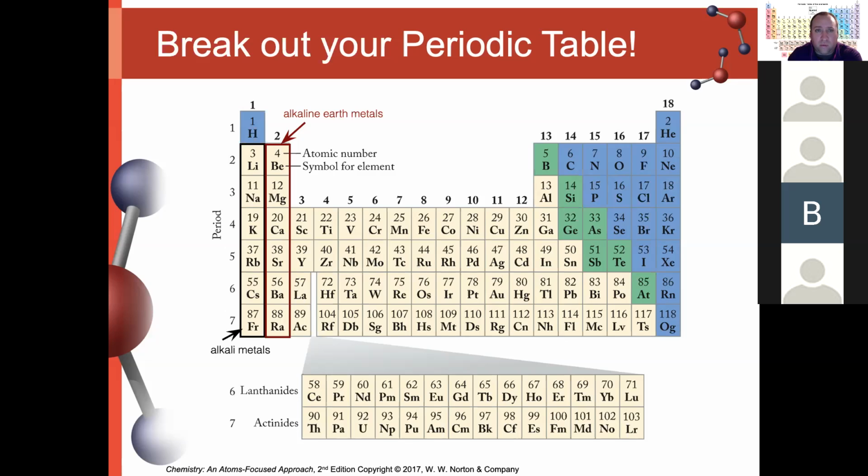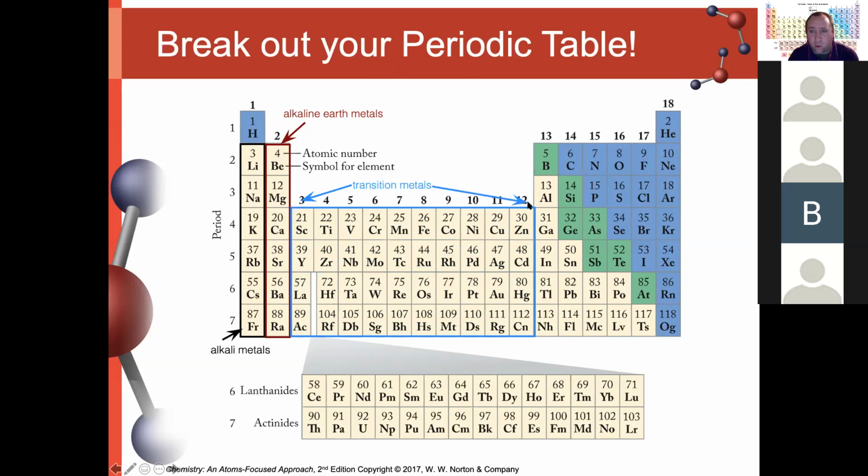Okay. Moving on, let's grab this big group here in the middle. This big group of elements are known collectively as the transition metals. Now, transition metals have a wide variety of reactivities associated with them.